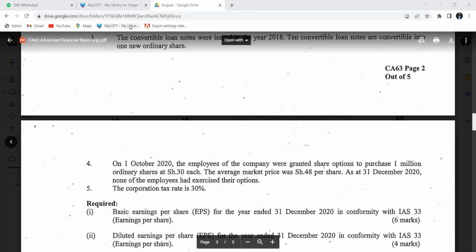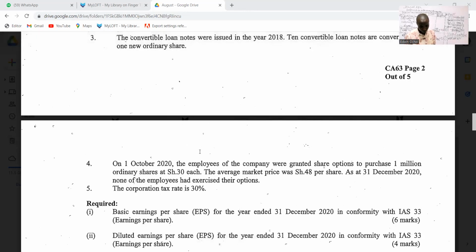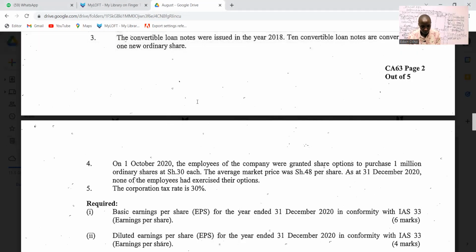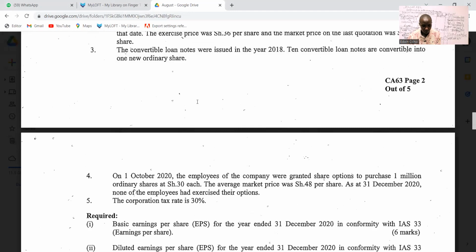So I was saying that number 3, they are saying that the convertible loan notes were issued in the year 2018. 10 convertible loan notes are convertible into 1 new ordinary share.